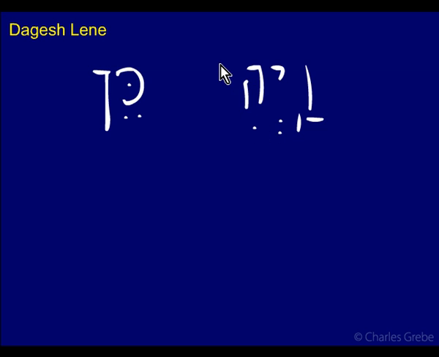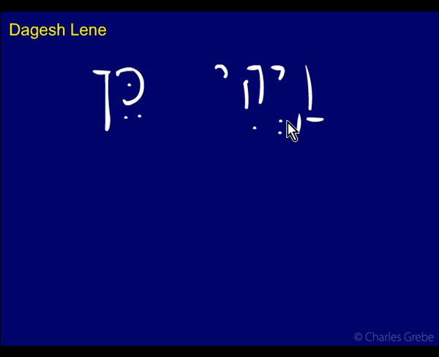Let's take a look at one other case. If you have a word called ken. Ken means thus or so. Dagesh Lene in a Begad Kafat letter, no vowel preceding it. But if you precede it with a little metheg there, vayhi, a separate word.